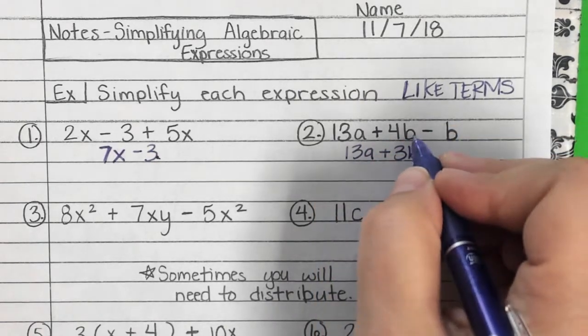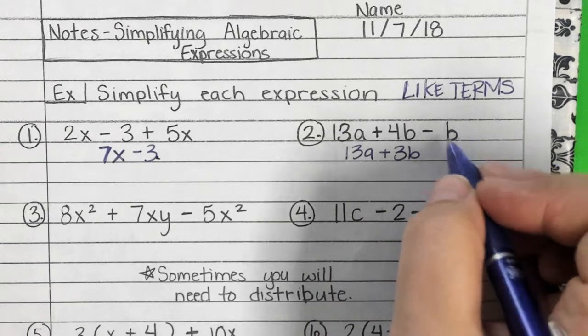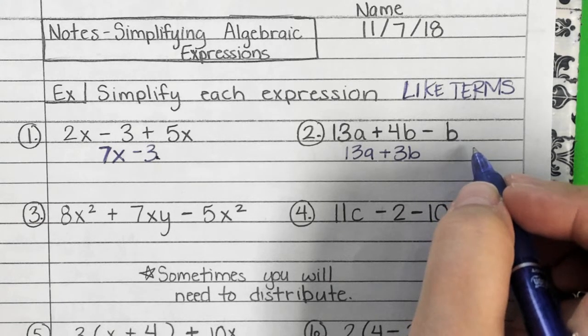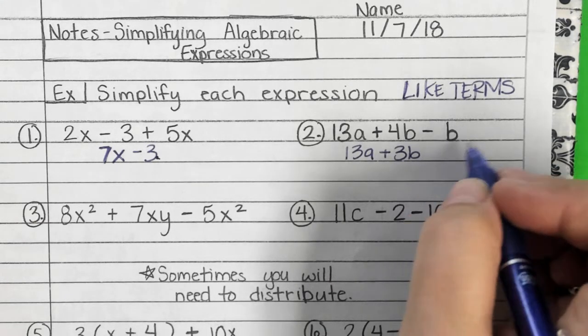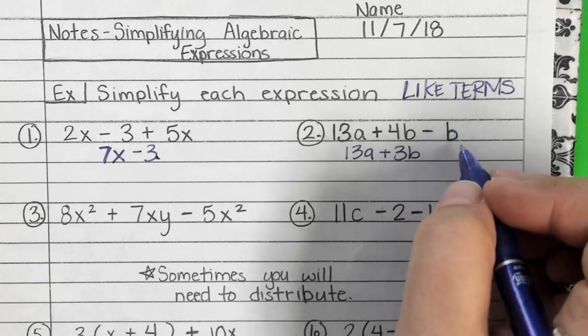Because this is 4B minus 1B. And we know that's because 1 times B is what? B. Remember, this is because I don't even have to write it. This represents 1.